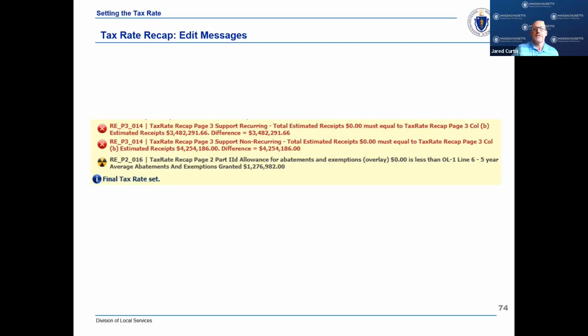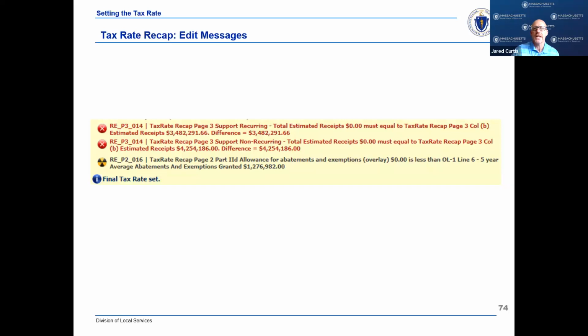There are 3 types of edit messages that appear on tax rate forms: informational, warnings, and error. So as you're completing the tax rate forms and you click on Save, these types of messages will appear on your tax rate forms. Informational messages are a blue circle with an I in the middle and provide basic information about a particular form.